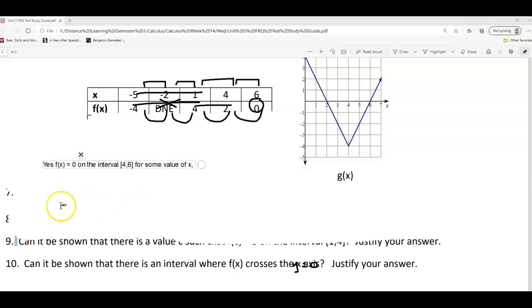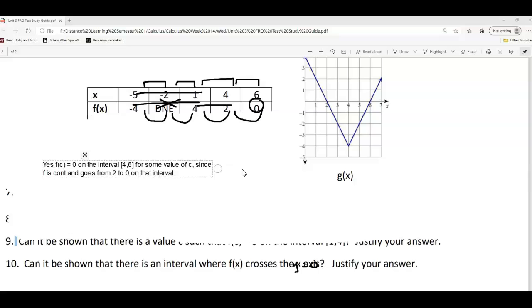Once again, so as not to confuse you guys, I'll just put c. We'll just stick with the same letter. So yes, f of c equals 0 on the interval from 4 to 6 for some value of c, since f is continuous and goes from 2 to 0 on that interval.